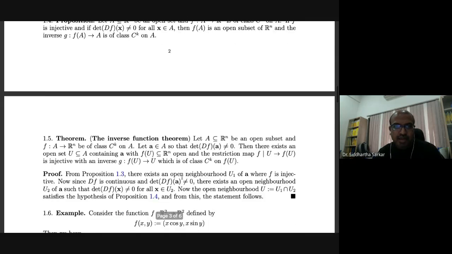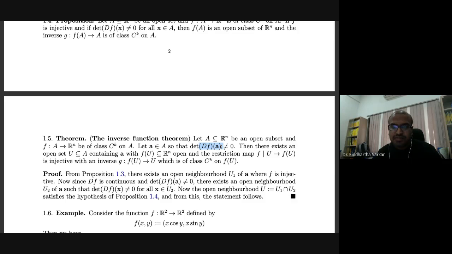So the inverse function theorem, again, the statement should be very clear now. We start from an open subset and assume that the function is of class Ck, and take a point where, instead of non-vanishing derivative, which doesn't make sense, the linear map is non-singular.